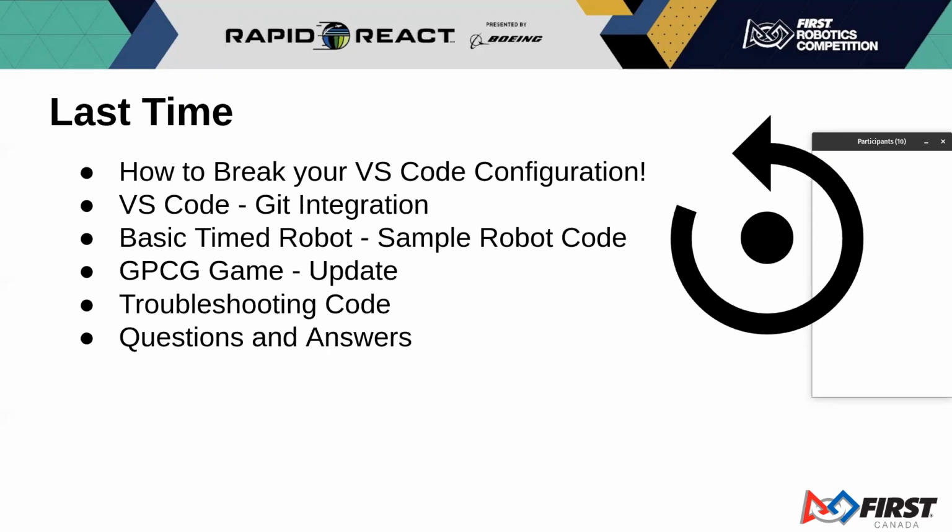When you hit a key you didn't mean to hit and you didn't know you did that, it can have unintended consequences. We discussed Git integration, our basic timed robot. We did some sample code. And we did an update on our co-operation game, the Gracious Professionalism Co-operation game, GPCG. And we did some troubleshooting of code and questions and answers.